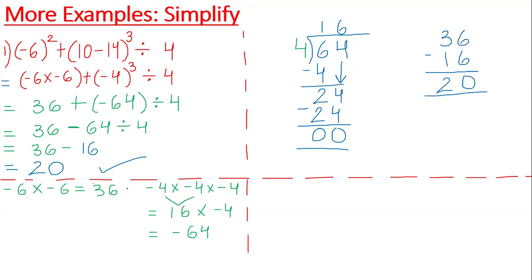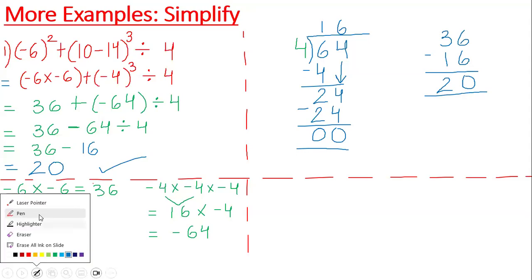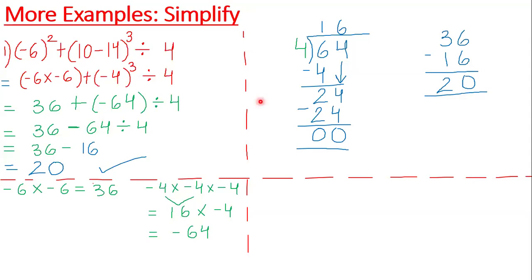All right, so quick recap. What we did was we said negative 6 squared. That's negative 6 times negative 6. 10 minus 14 is going to be negative 4 cubed divided by 4. Negative 6 times negative 6 is positive 36.